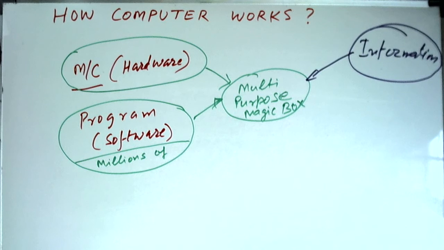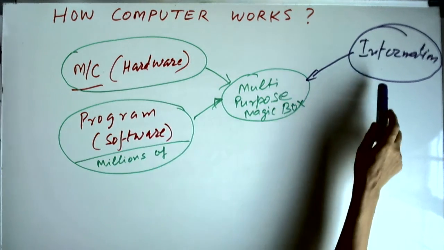You can see face to face through a video conferencing, and you can do all your accounting work. All the bills of electricity company, water company, they are all done by computer. The whole banking work is done by the computer. And again, you can pay your electricity bill through computer. You can pay your house tax through computer. So all those things you can do because of the combination of these three things.